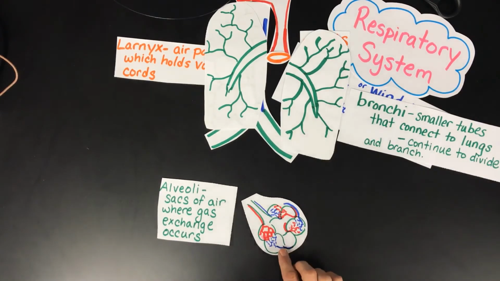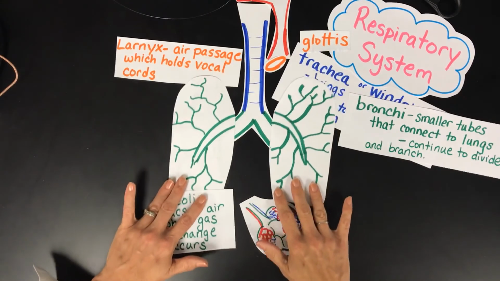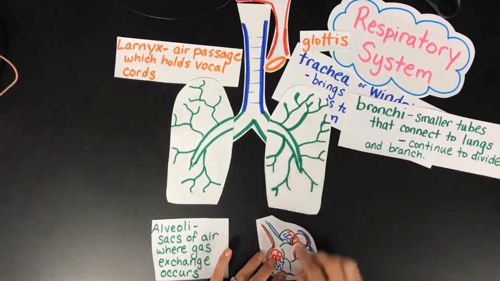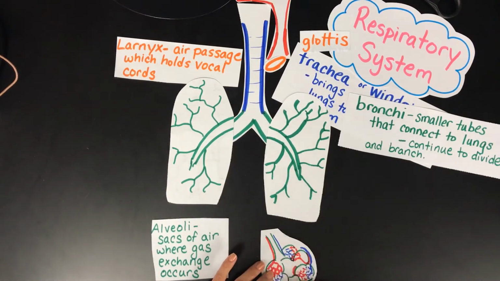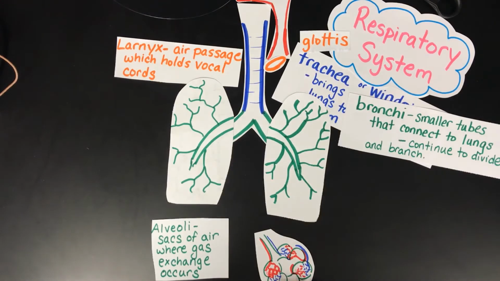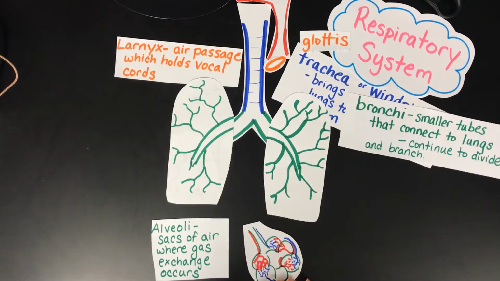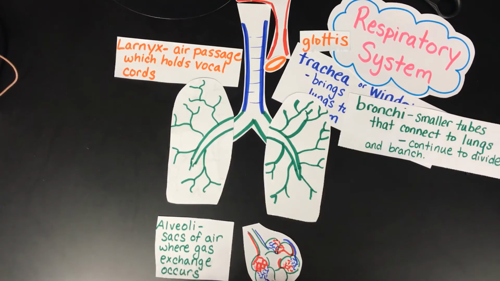An alveoli is just a small sac of air where the gas has come in from the environment. The gas coming in contains a mixture of different gases. The one we're trying to get out of it, of course, is the oxygen, and then we're trying to deposit carbon dioxide to be removed from the body. So the alveoli are these sacs of air where this gas exchange happens.